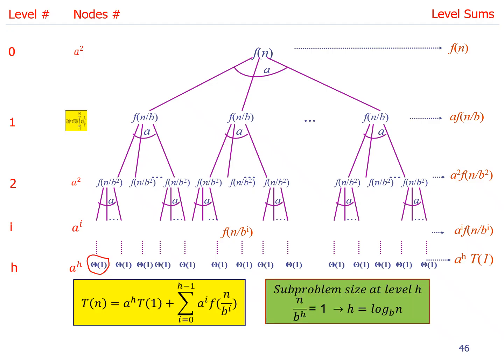Now we have already gone into a lengthy discussion about the height of the tree and its dependency on the b, which is the denominator that you divide the n by. So we said the height is always going to be log n base b. So what I'm going to do is substitute in the a to the h multiplied by a constant.